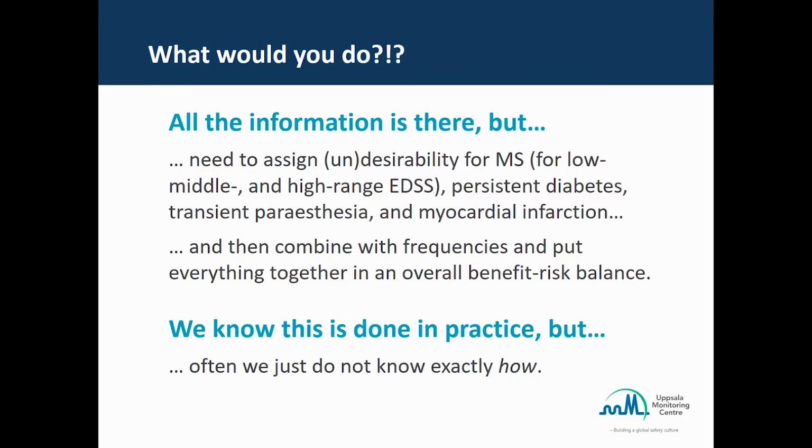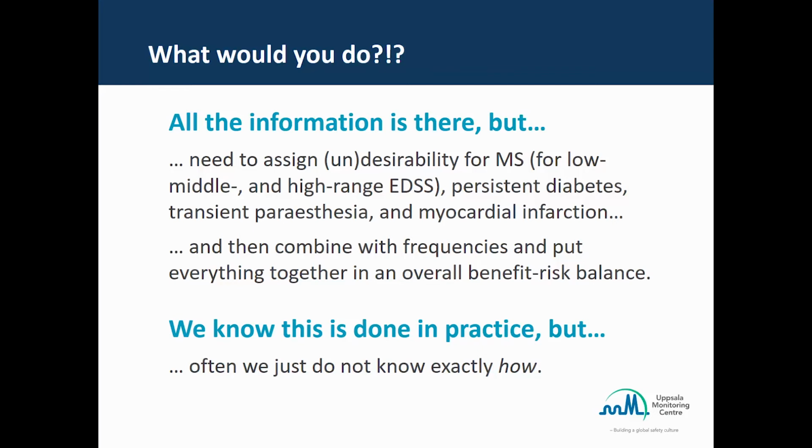And specifically what we need to do is we need to assign in some way desirability to all of the different effects that we are considering here, meaning multiple sclerosis in both the low, the middle and the high range EDSS, for persistent diabetes, for the paresthesia, and also for the myocardial infarction.